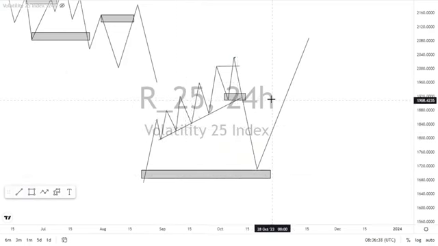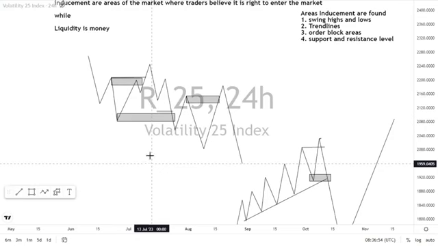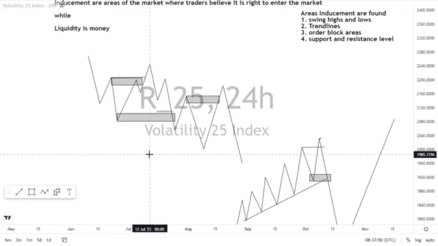So talking about money, you should look at areas of the market. You should be able to learn the classifications of liquidity. Inducement is just an aspect of liquidity. You have to know what inducement is. Most often, inducements are in the form of primary inducement, secondary inducement, or your swing high and swing low inducement.